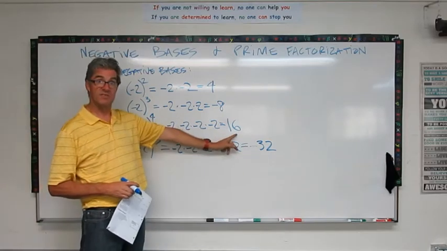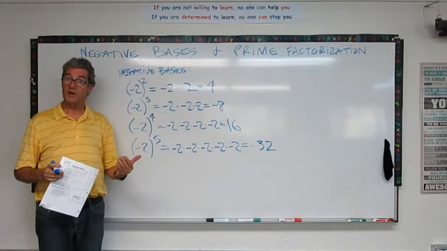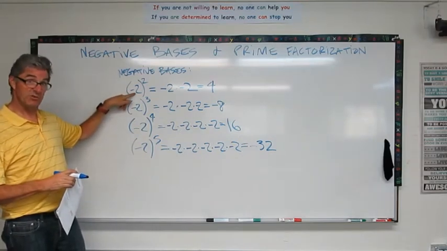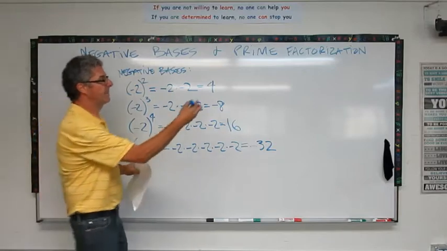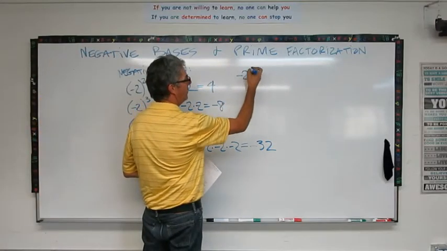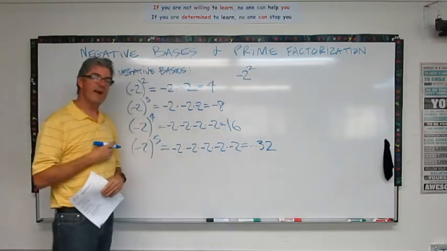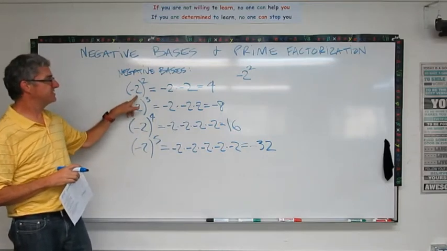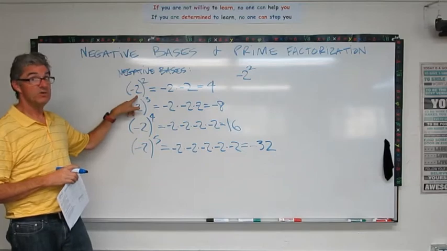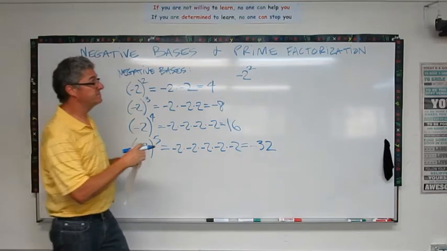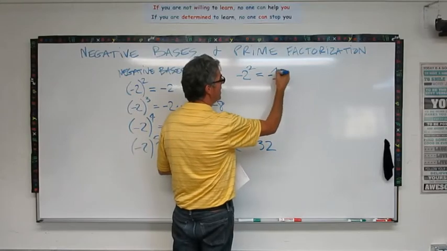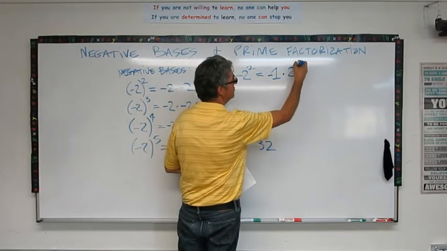So now I want to talk about a weird thing about the notation that can get you in trouble, okay? If I write that, you might be tempted to think it means the same thing as this. Unfortunately, it does not. What this means is negative 1 times 2 squared.